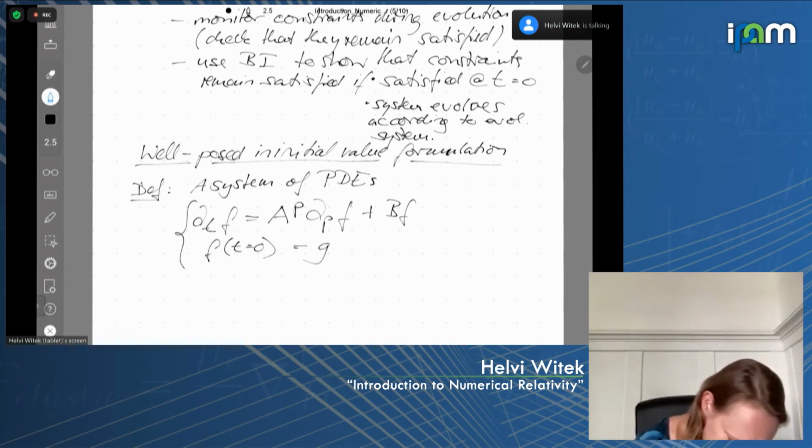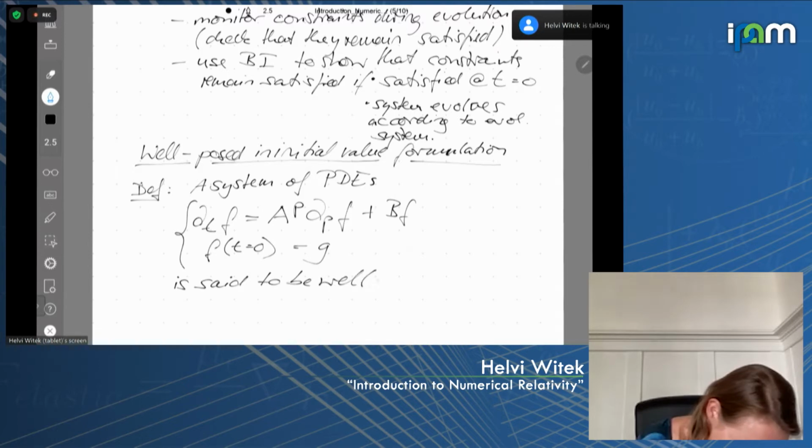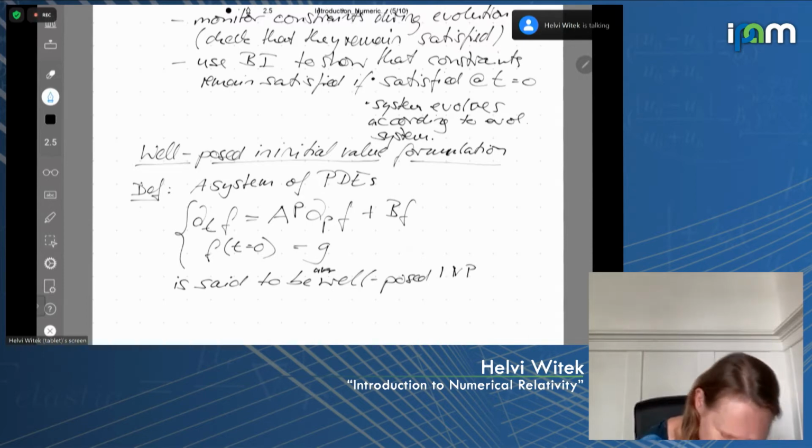So this system of PDEs is said to be well posed, or a well-posed initial value problem, to be more precise. So I'm talking about hyperbolic systems here.